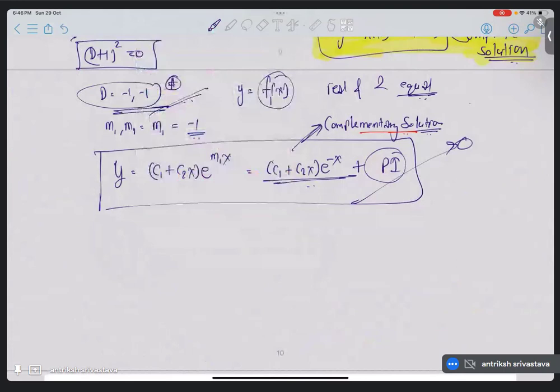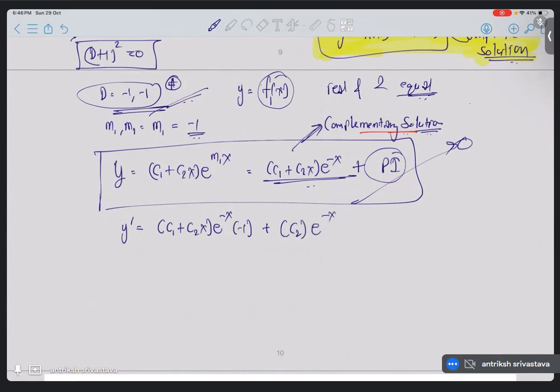Y dash, we are simply going to use the multiplication rule for differentiation. First let's differentiate the exponential. e power x differentiation is e power x, but then we have to differentiate the minus x here, so it will be -1, plus the differentiation of the polynomial, which will be C2 and e power minus x.